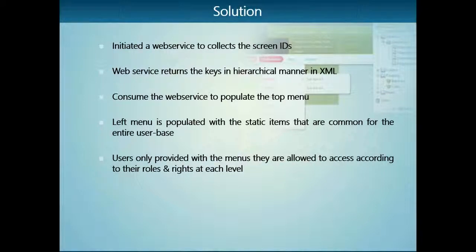We designed the screen in such a manner that the items that are fixed for every user are displayed as a static menu on the left side, whereas the top menu bar is populated dynamically based on users' roles and rights.